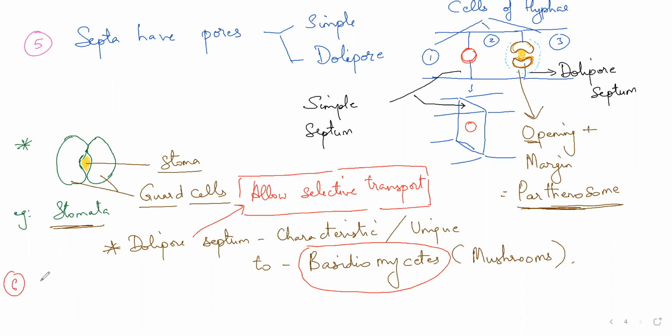The reserve food is glycogen. Just like animals. Fungi is a kingdom whose members resemble animals and plants. ठीक है?